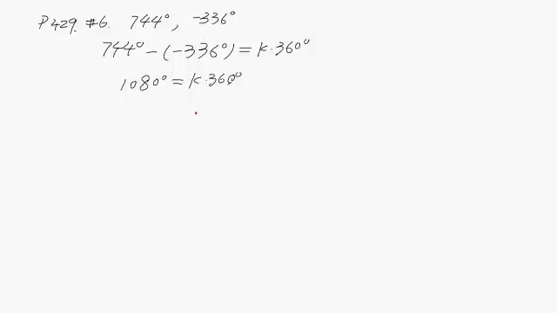Now we divide both sides by 360 to see if we can get an integer solution for k. So actually, k will be equal to 1080 degrees divided by 360 degrees, and this is equal to 3. So we have found an integer solution. So that means this difference is equal to 3 times 360 degrees. So this just implies these two angles are coterminal.